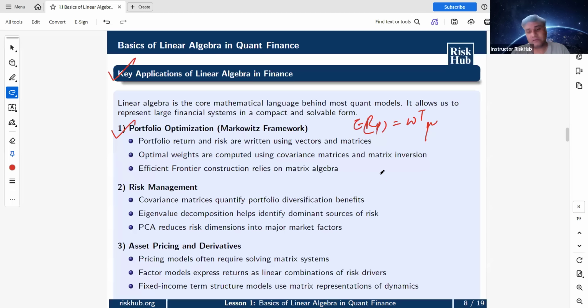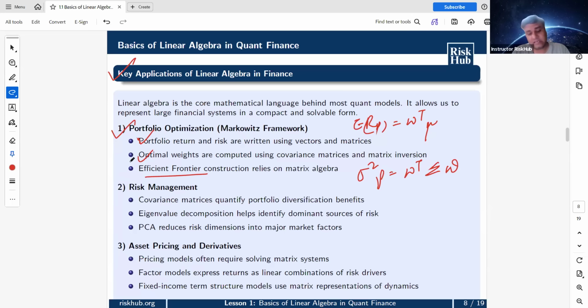For portfolio risk, again you take the weights and the covariance matrix. So optimal weights require the covariance matrix and matrix inversion, and this is the foundation of your efficient frontier. So that is what we understood.